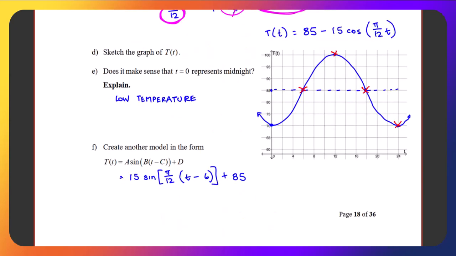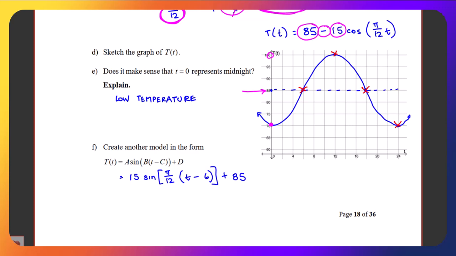So we sketched the graph roughly already. Let's now do it in detail. We said that this is the shift of the midline, so the midline is now here at 85. We said this is the amplitude, and this flips the amplitude. So cosine usually starts high, but now it's going to start low, 15 below the midline, and it's going to go 15 above the midline at its high point.